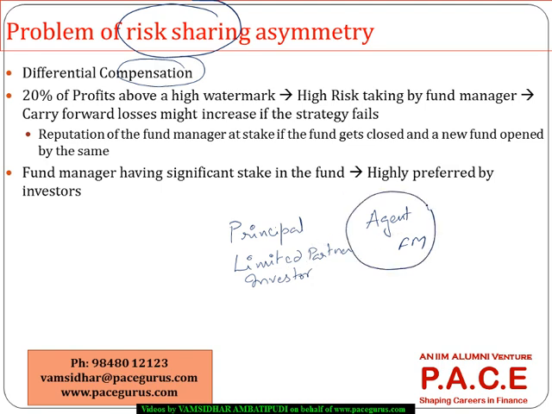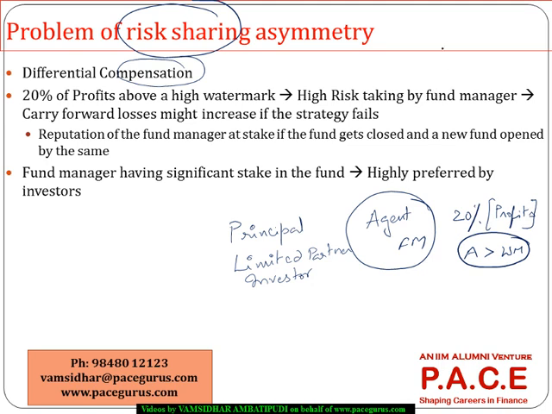Because the compensation structure for this agent is very high, 20% let's say of the profits, meaning the amounts that are generated above the watermark, 20% of that goes as a profit.